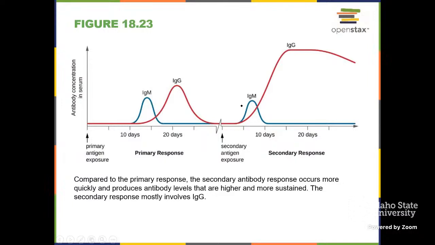Both of which are really pumped out in the hopes that we're secreting enough of these proteins into our circulation to do this surveillance after we've recognized whatever it is as being foreign, all right? So our initial exposure takes a couple weeks for our body to detect, to show, and start responding.